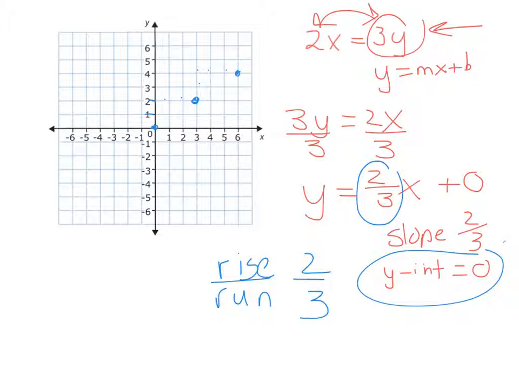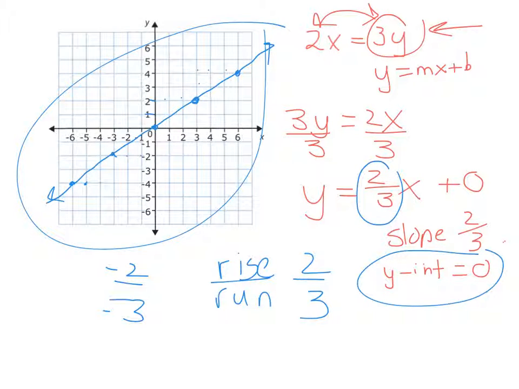I'm going to go in the other direction. The other direction is like going negative 2 over negative 3. So that would be down 2 and to the left 3. Down 2, to the left 3. And that's about it. Make my line go through all the dots. And I have this equation graphed.